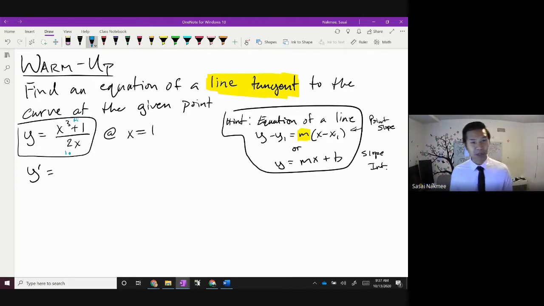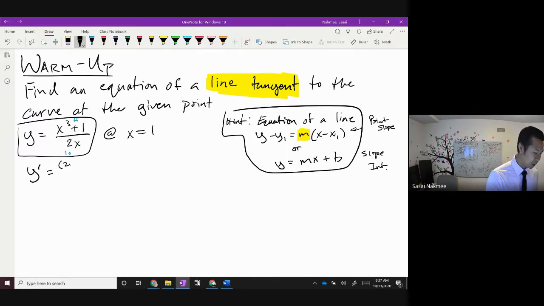Please make sure that you use the correct rules when you do this, right? You can't just take the derivative of the top and then put in the bottom the derivative of the bottom. This is not the correct derivative, by the way. If you write this as your derivative, you've already gone off the rails, right? You have to see that this is a quotient rule, and with the quotient rule, you get to say the fun phrase: low d high.